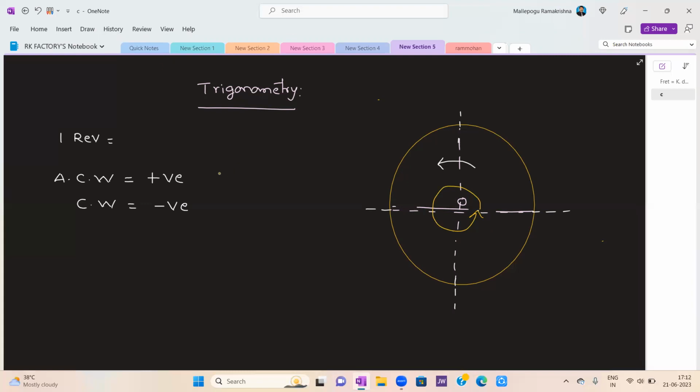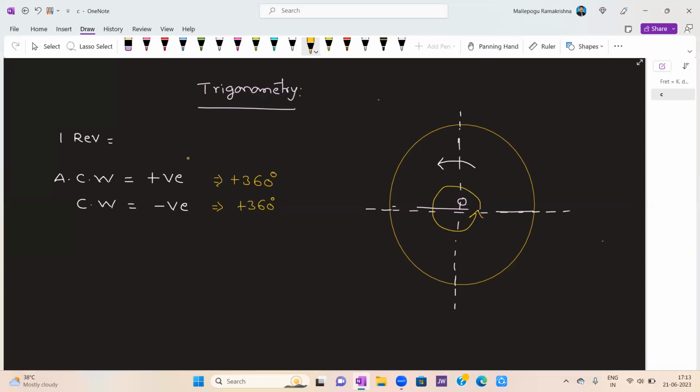So that 360 degrees, are you going to say it as positive or negative? Surely we are going to say positive. Why? Because it is making an anti-clockwise rotation. If it is rotating clockwise, for the same 360 degrees the answer is negative.